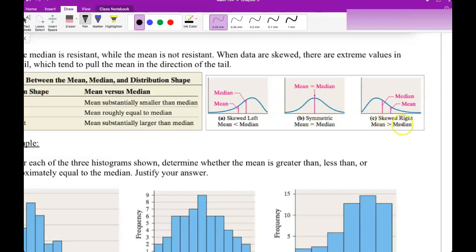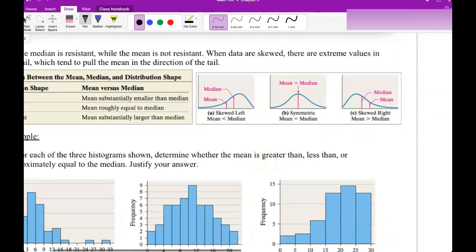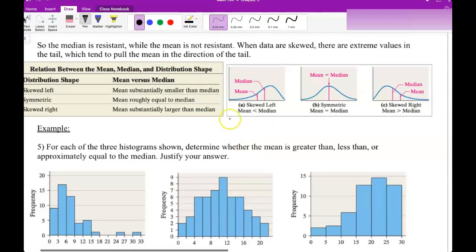And when it's skewed right, this is the average, and now mean is greater than median. You only need to remember these: this one for skewed left, this one for skewed right, and this is obviously equal.